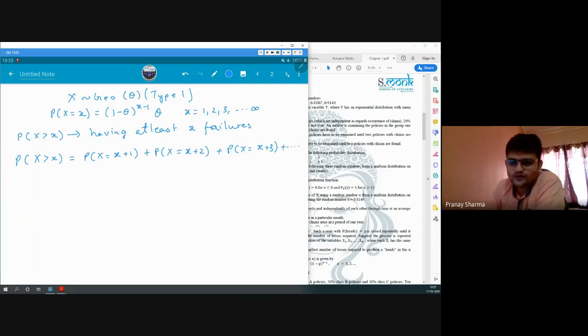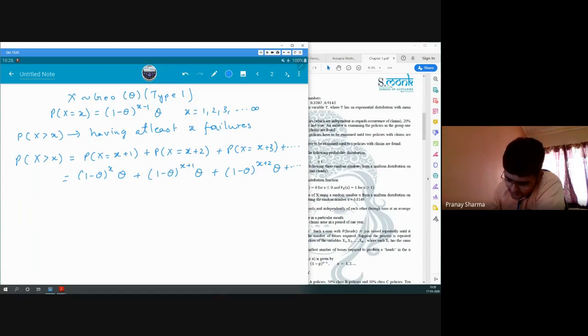This can go on forever because there is no limit for our X. If I substitute it here, I'll get (1 minus theta) raised to x into theta, (1 minus theta) raised to x plus 1 into theta, (1 minus theta) raised to x plus 2 into theta, and so on. So this is nothing but our geometric progression where our first term is this and our ratio is 1 minus theta.